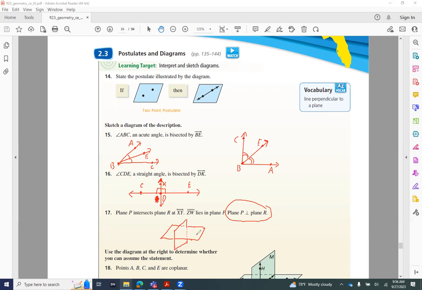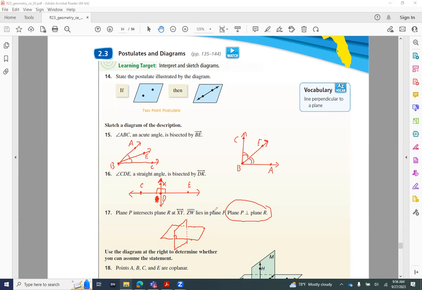Okay, it's close enough to perpendicular. So now we have our planes P and R. They appear to be close enough to perpendicular to each other. To make sure they're perpendicular, I need a right angle symbol somewhere on here. I can put one here, or we can do one on our lines later when we draw our lines.